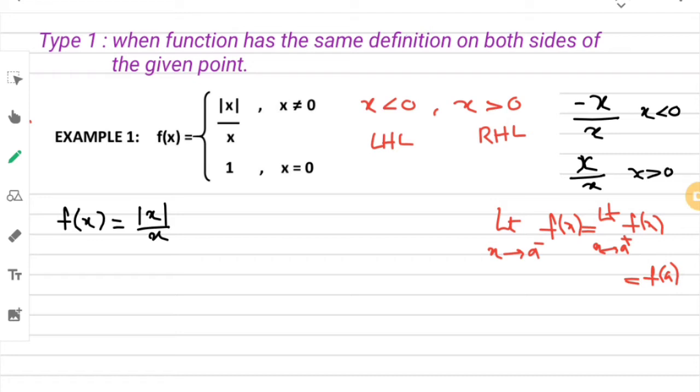The first step is we need to split this modulus of x by x for the left hand limit as well as for the right hand limit.